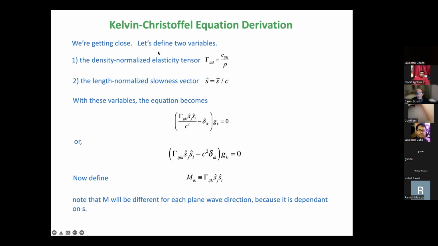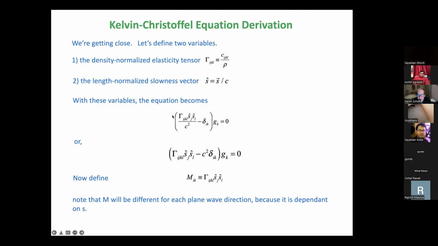Okay, so we're getting close. So let's define two variables. One is we will take our elasticity tensor and normalize it by the density and call it capital gamma. And then we will also look at the length normalized slowness vector, so it's our slowness vector divided by the velocity, so this has a unit length.